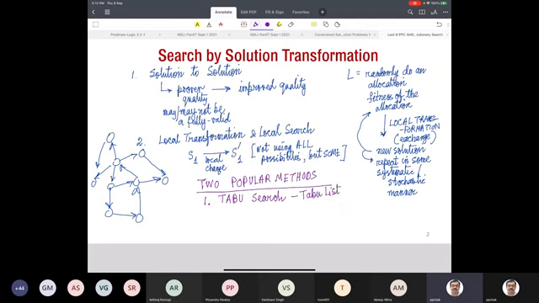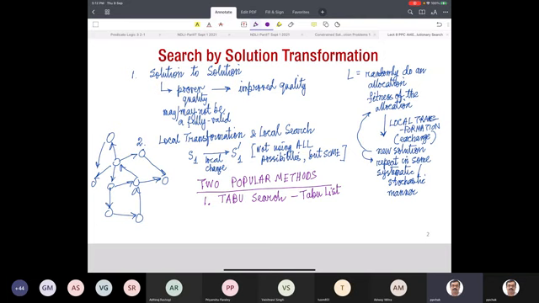A taboo list consists of a list of states that you have recently visited, which means that you maintain a small list of recently visited states. So you make a local transformation to one of the best states in the local vicinity, except those which are on the taboo list.